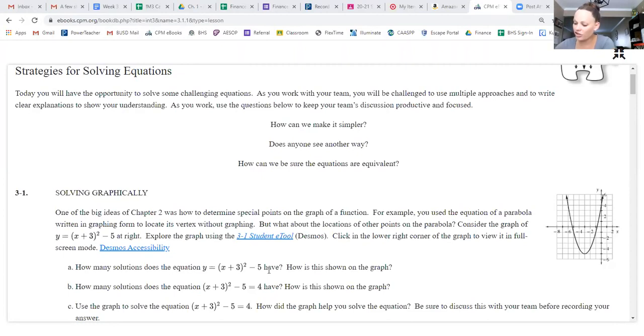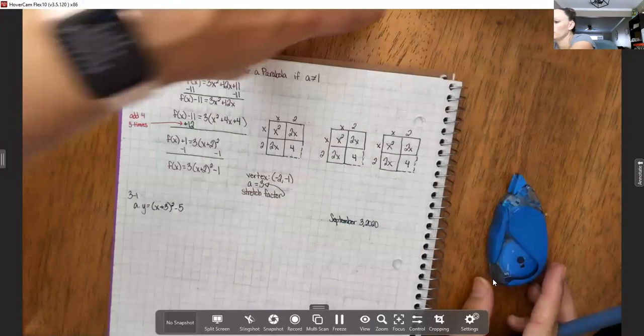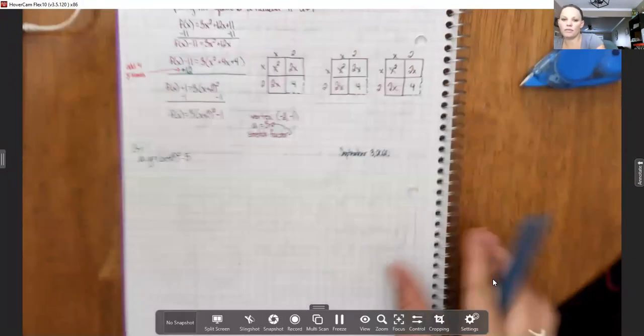So copy that equation down in your notebook, please. That's what I'm doing right now, but I messed up. So let me get this set up better.